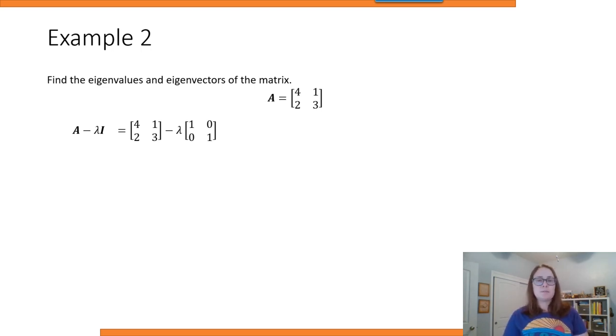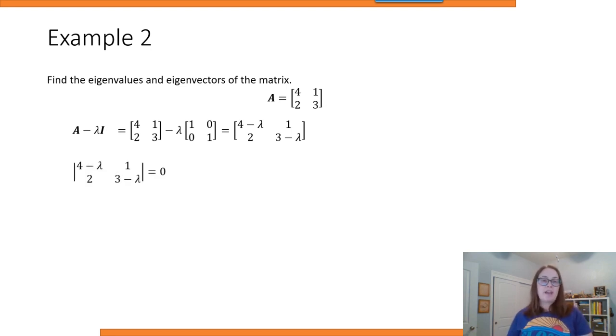And really all that's happening is that each number along the diagonal of my matrix A gets subtracted by lambda. So I have 4 minus lambda and 1 in the first row, and then 2 and 3 minus lambda in the second row. So only the diagonal changes when you do this.